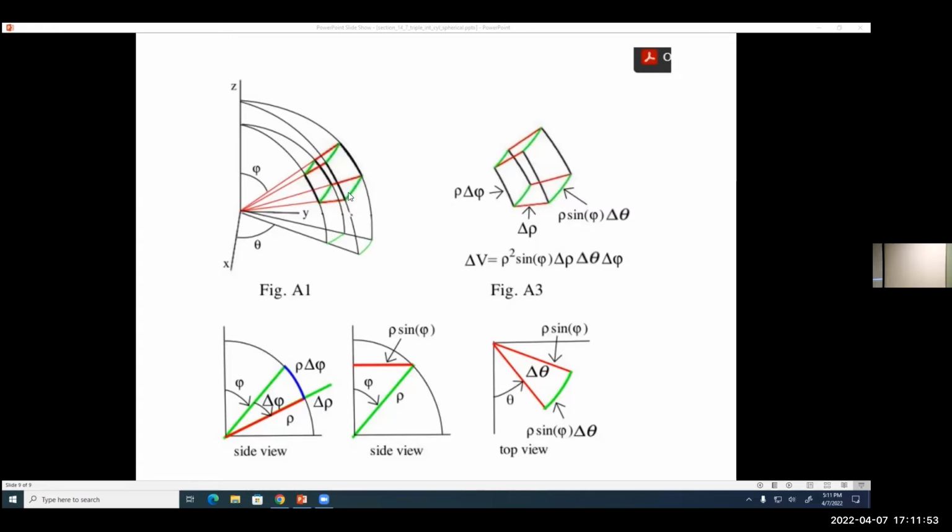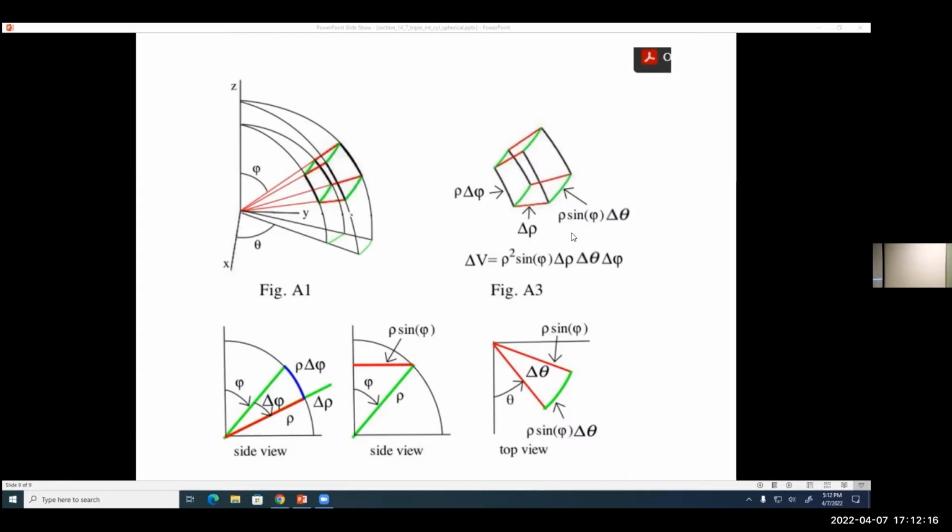This is also an arc length because it's spherical in this direction. To get this arc length, it's going to be rho sine phi, because we have to get the appropriate radius in there. And then delta theta is our angle going this way.